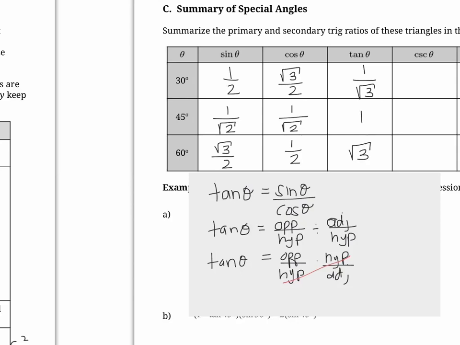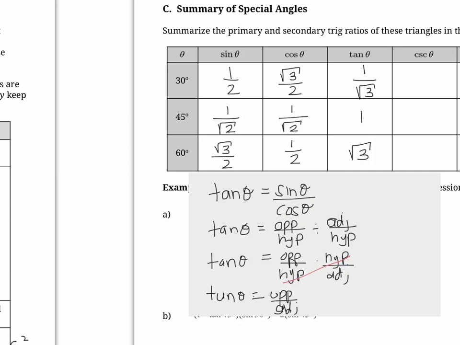So this is going to work out to tan is equal to just opposite over adjacent, which is exactly true. So what we did is we proved that the sine ratio over the cos of that same angle will give you the tan of that angle, just going to equal opposite over adjacent. So knowing that, we could also find out all of these values by just dividing sine by cos.